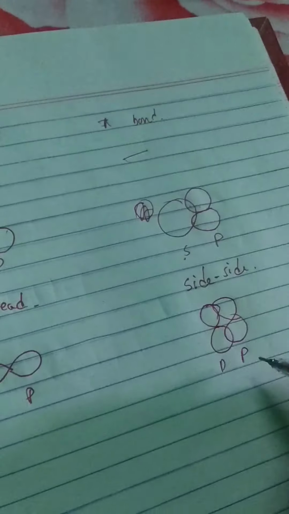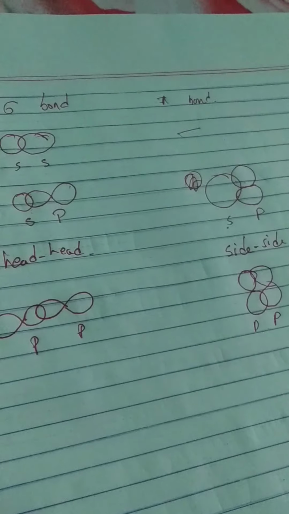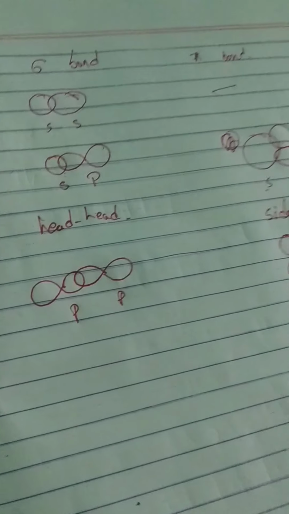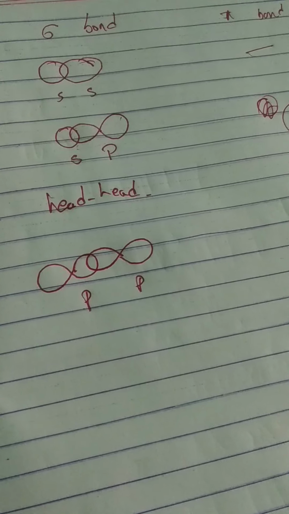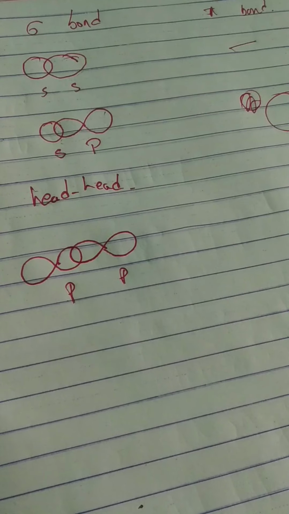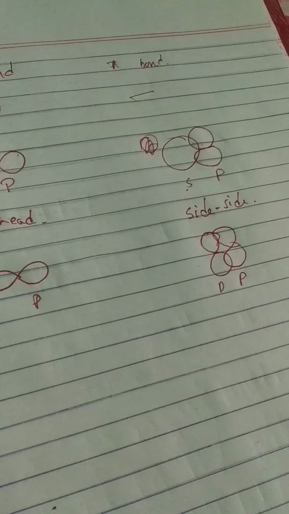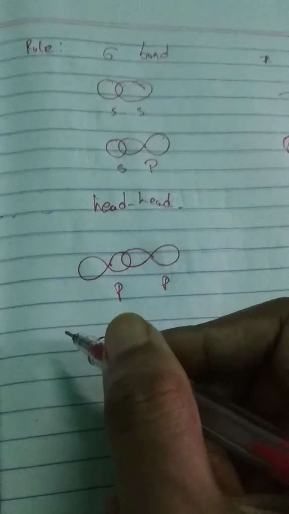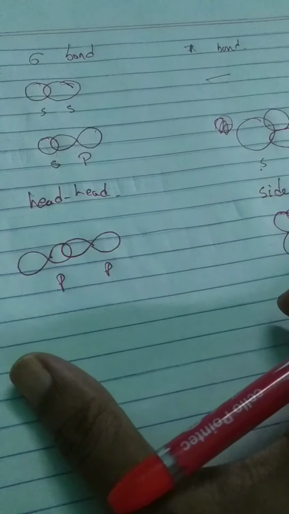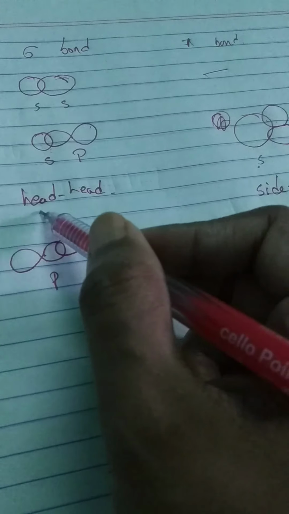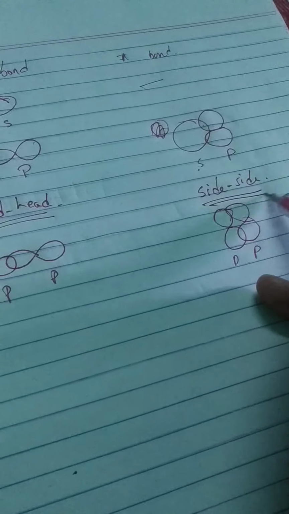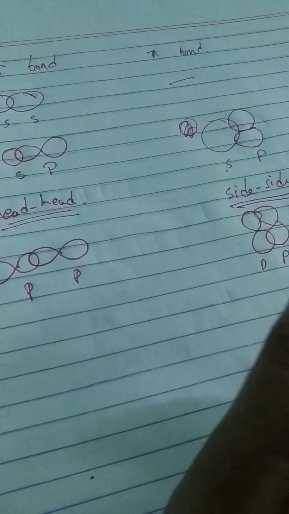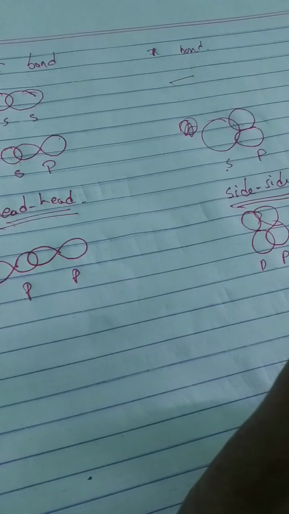So sigma bond happens when head to head overlap is there, and pi bond happens when side to side overlap is there. This is just the introduction to sigma and pi bonds, so always remember head to head and side to side. Side to side for D orbital is not there; you only have to learn up to P.